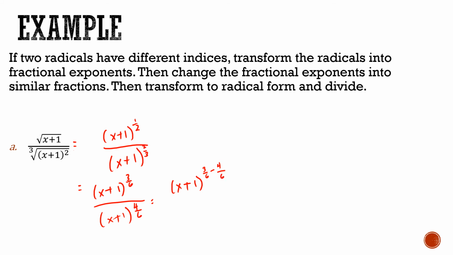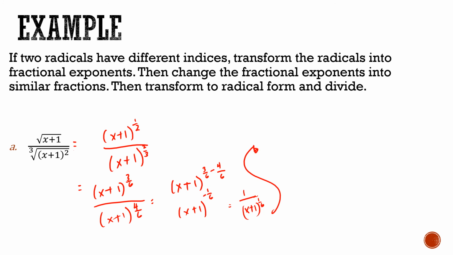So this will become x plus 1 raised to negative 1 over 6. But since this is negative, we need to get its reciprocal. So this will become 1 over x plus 1 raised to 1 over 6.